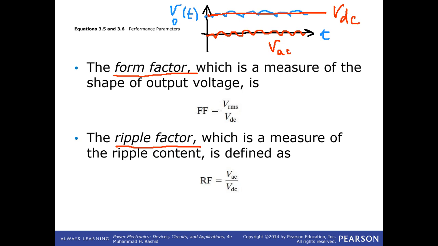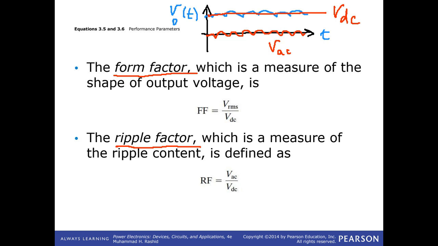Now form factor is the RMS value over DC. RMS means that you are including DC and AC together, okay? But ripple factor is very clear. AC component divided by DC component. This reflects the ripple value. Tamam mı?